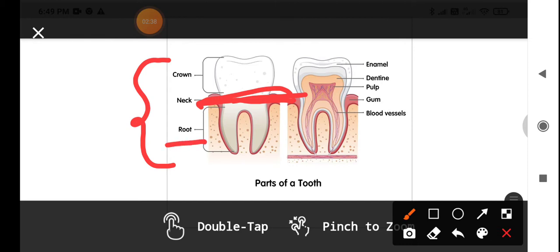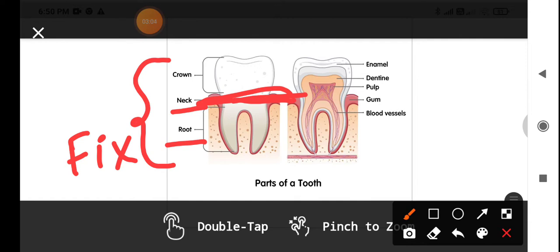So the root is like the root of a plant. It fixes the tooth strongly in the jaw. So it helps to fix the tooth in the jaws. Okay. And the part which is above the root is the neck. The neck joins the root with the crown part.